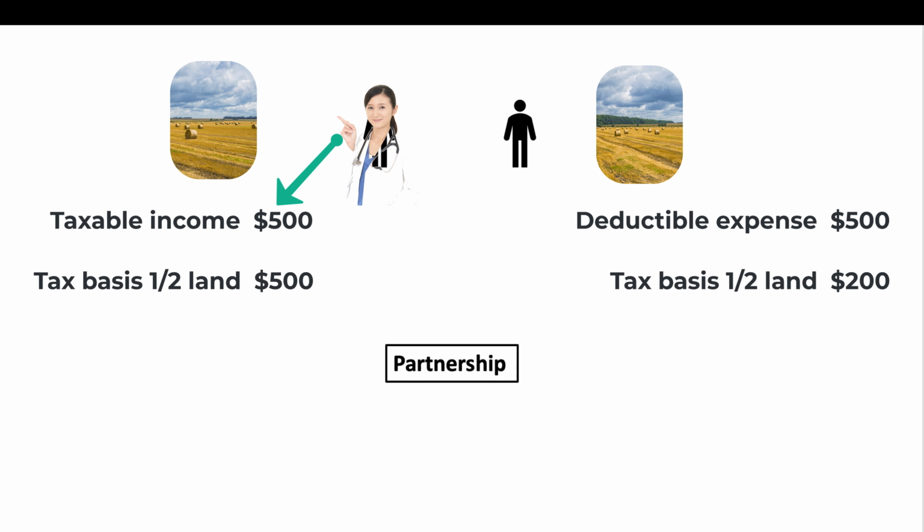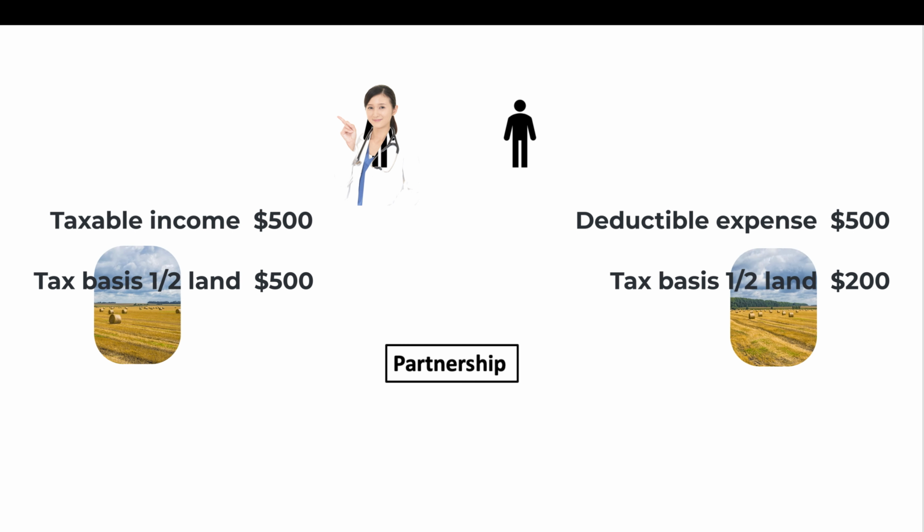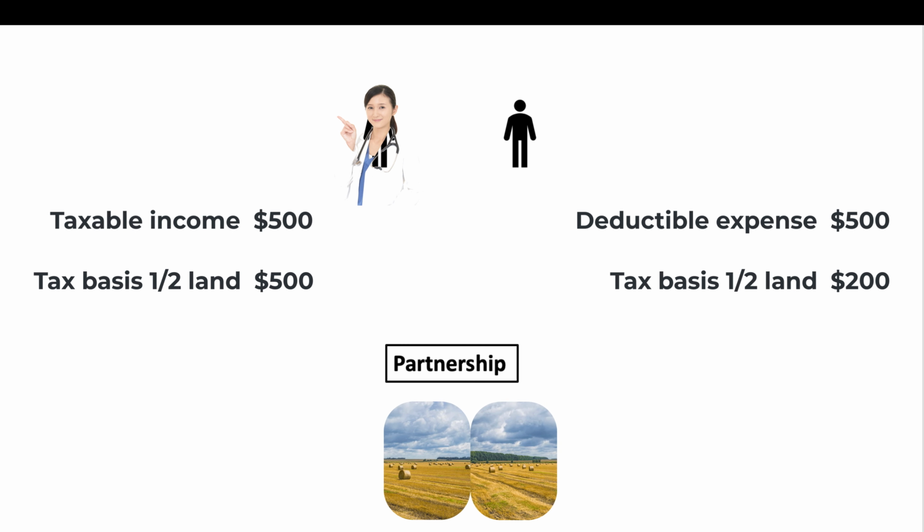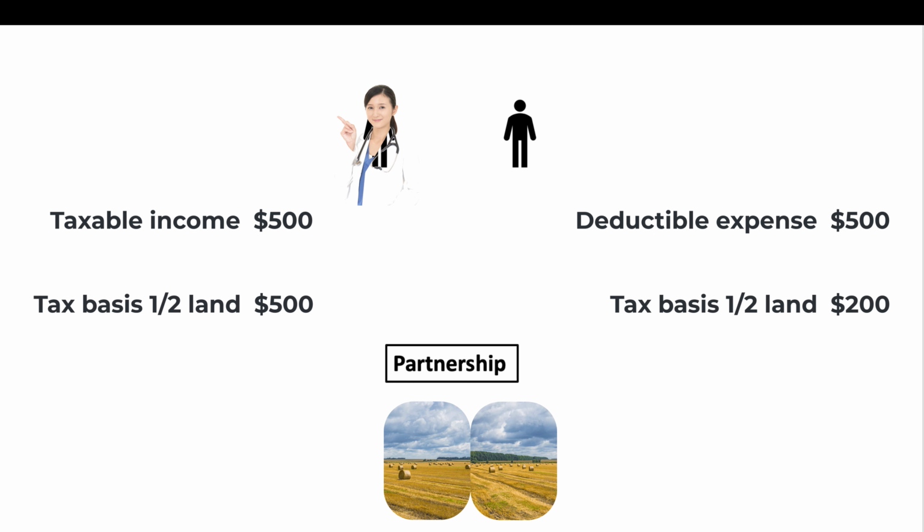The doctor has $500 of taxable compensation, and the other partner has a $500 deductible expense. The doctor's half of the land now has a $500 tax basis, the same as if she took cash compensation of $500 and bought half the land for $500. Partner 2 still owns half the land, and half the tax basis of his land is $200. Third, both partners contribute their half of the land to the partnership in a tax-free Section 721 exchange.